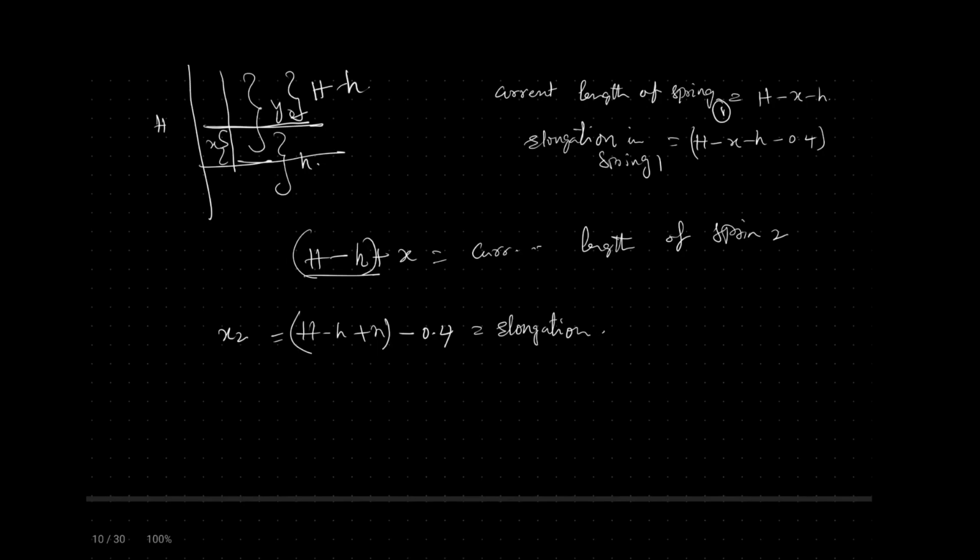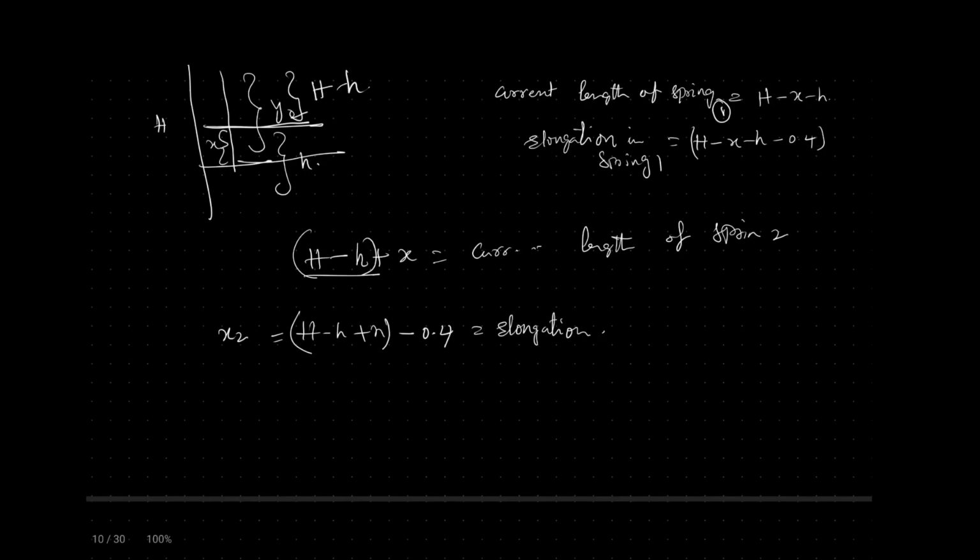How to multiply? Multiply it with 4 and divide it with 4. It will be 100 by 4 into 0.45, which is equal to 45 by 4 newtons, which is f1, also equal to f2.